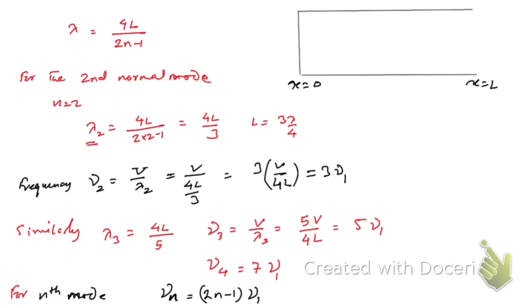If you divide a wave whose length is lambda into 4 equal parts, out of those 4 equal parts we have to take 3 parts, and that will be equal to the length of the organ pipe.